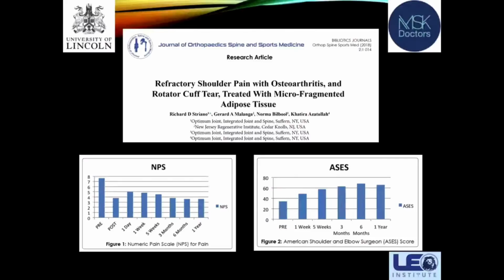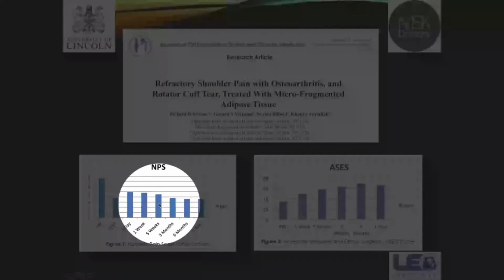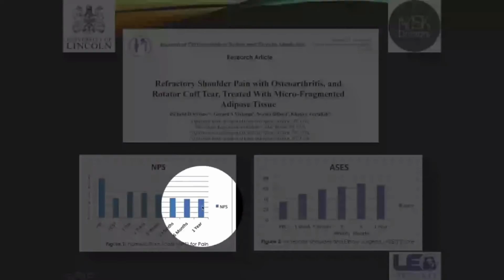Instead of labeling it VAS, visual analog scale, they call it the NPS, which is the same thing. The higher the score, the more painful the patient. You can see before the treatment is up here, and after the treatment it is almost half. And this effect has been maintained within the study period.